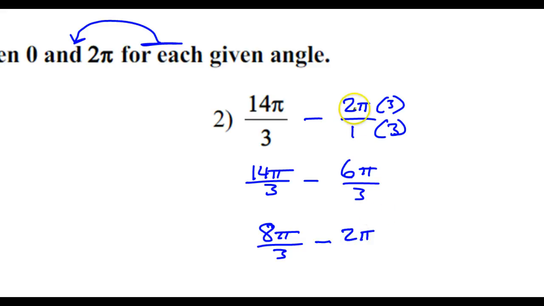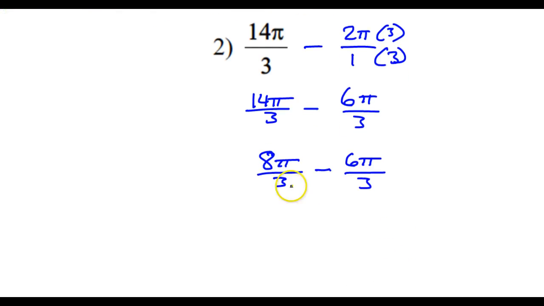Now we've already learned that 2 pi is the same thing as 6 pi over 3. So I wouldn't bother with the whole multiplying thing again. I would just use what I know and immediately go to subtracting 6 pi over 3, knowing that it's equivalent to 2 pi. Alright, so if I do that, 8 pi minus 6 pi, that's going to be 2 pi over 3.